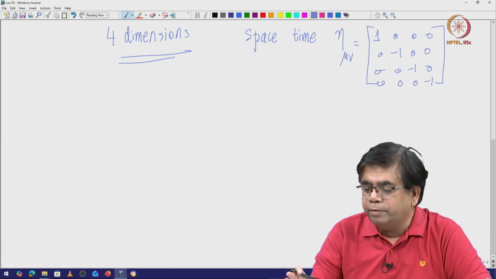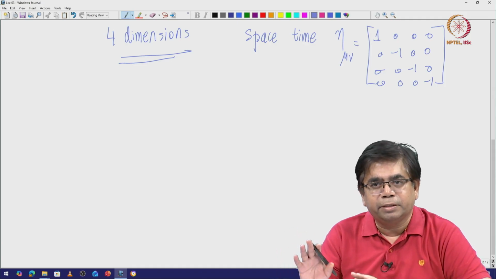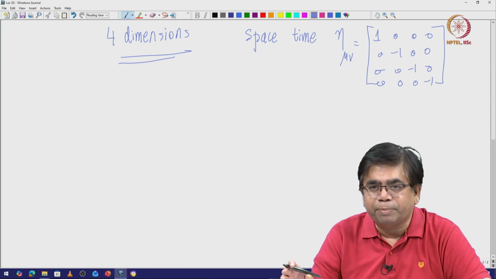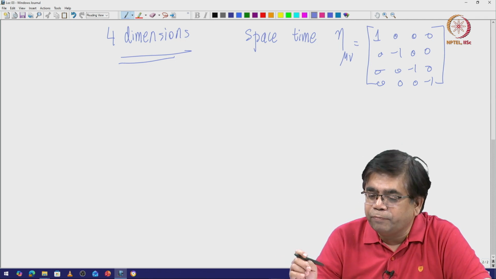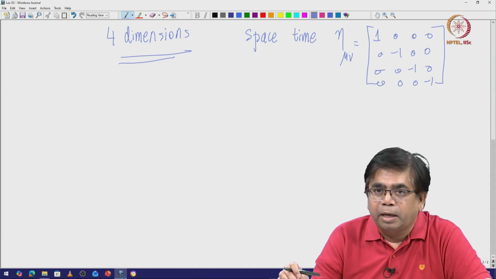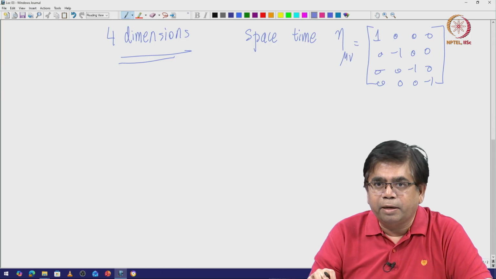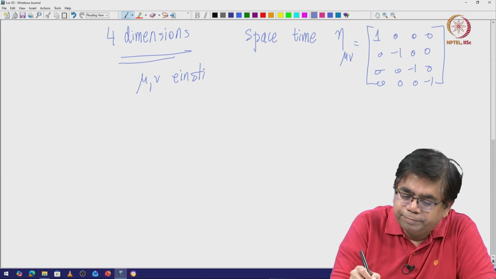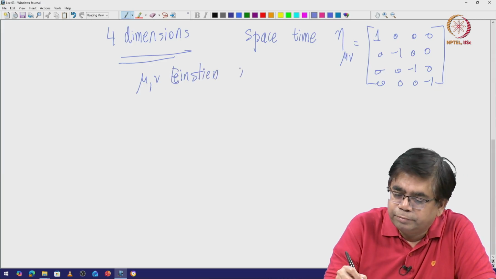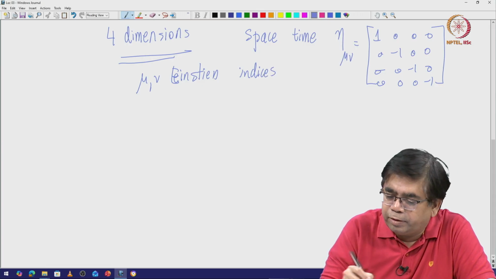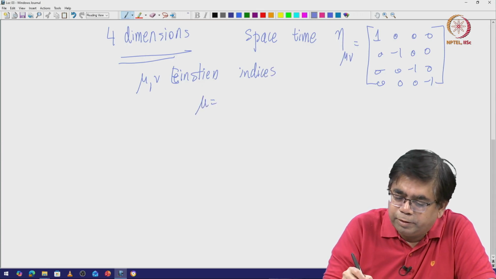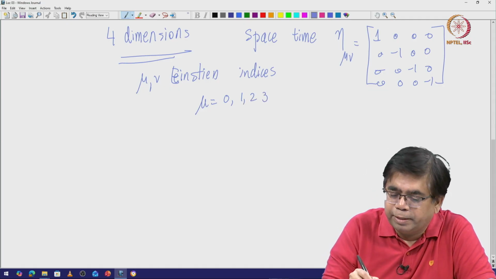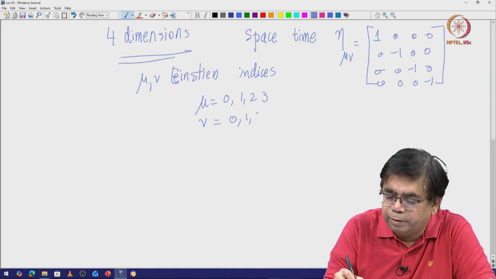You can work with your own metric, there is no problem, but one example metric is this one. Mu and nu are Einstein indices. They go from mu equal to 0, 1, 2, 3, where 0 is the time component and 1, 2, 3 are the space components.